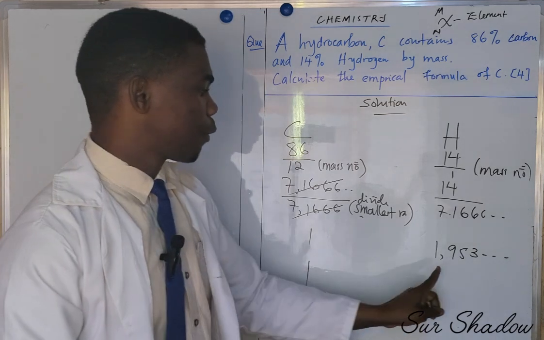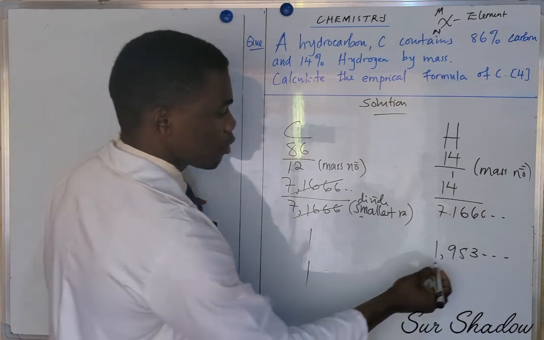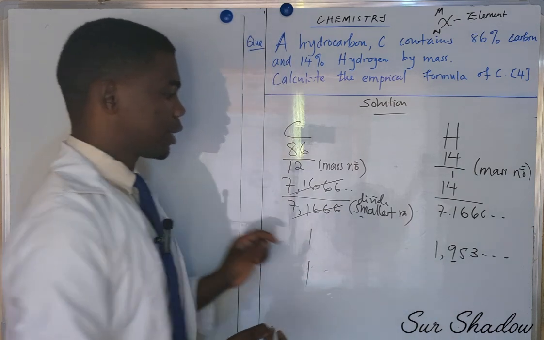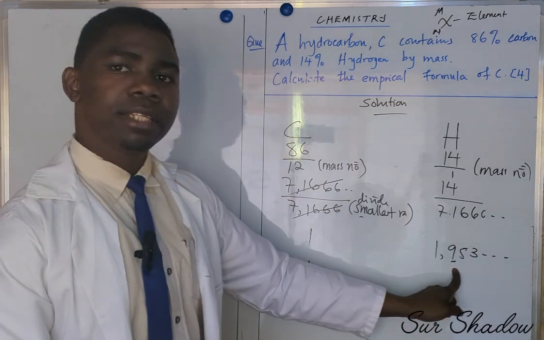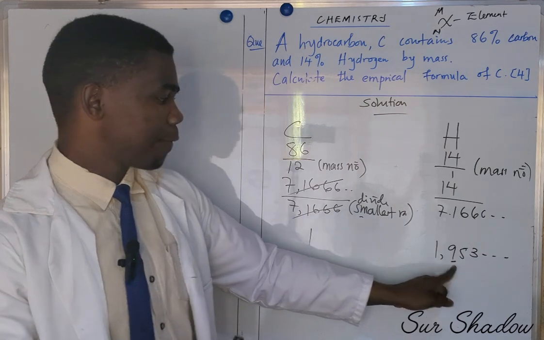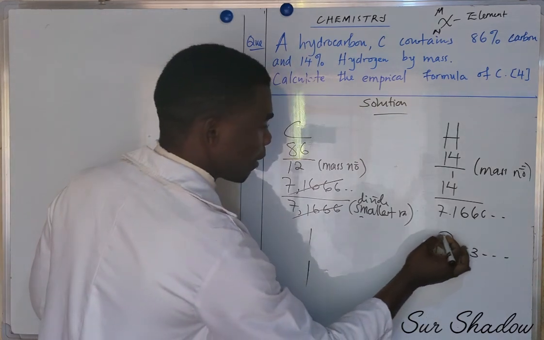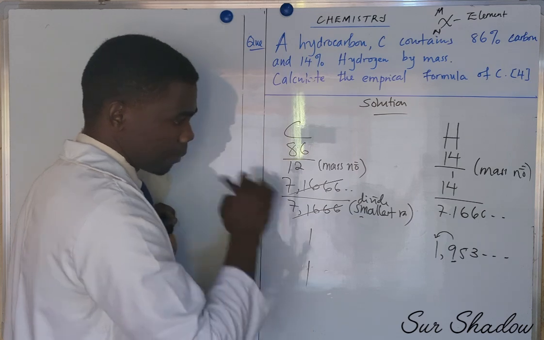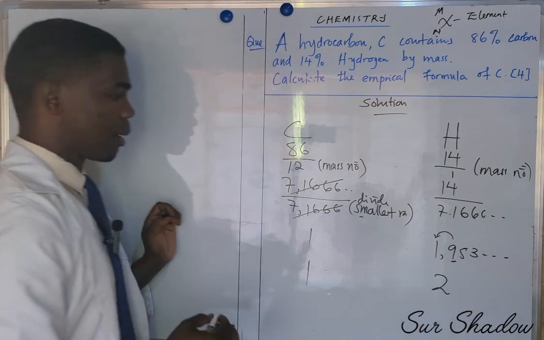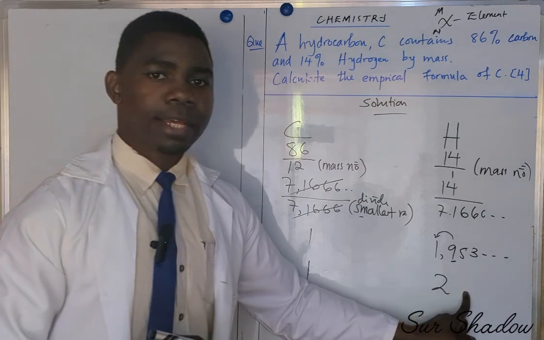Then for this, if you round off to the nearest whole number, the whole number is 1, we are going to concentrate on this value 9. So 9 is above 5. If a number is above 5 or equal to 5, we add 1 to the next number here. If you add 1 here, we get 2. So this becomes 1:2. That's our ratio.